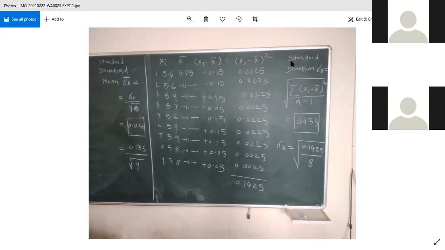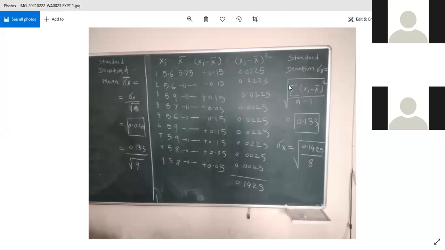Now you have to calculate the standard deviation. Deviation means difference. The formula is sigma x, represented by sigma s, equal to the square root of the summation of (xi minus x bar) whole square divided by n minus 1.